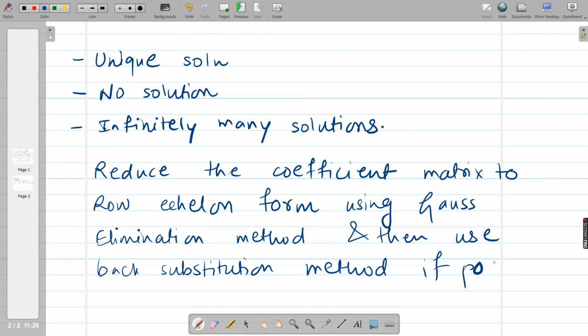From the row echelon form itself, we can interpret the solution type of that system. So let us have an example.